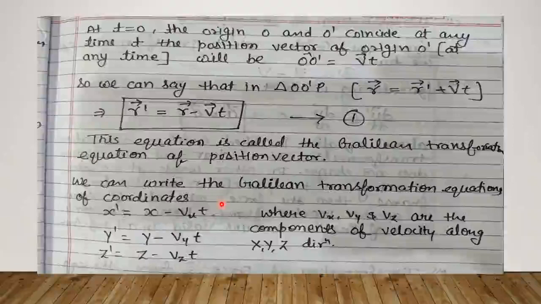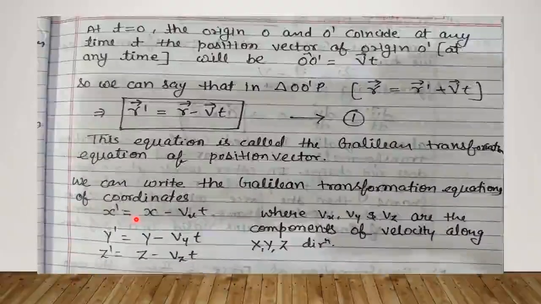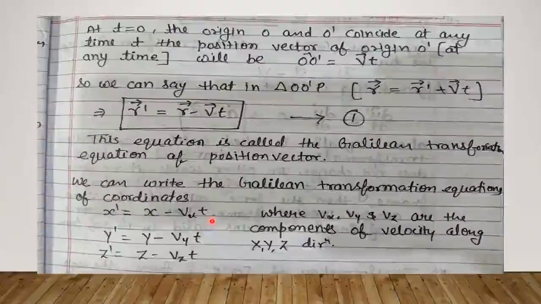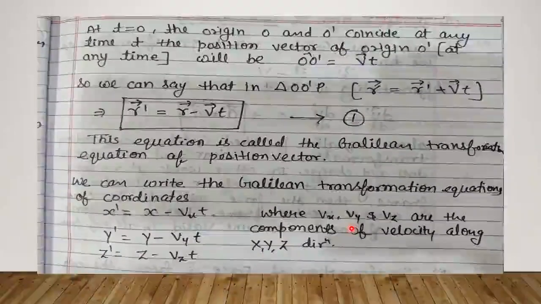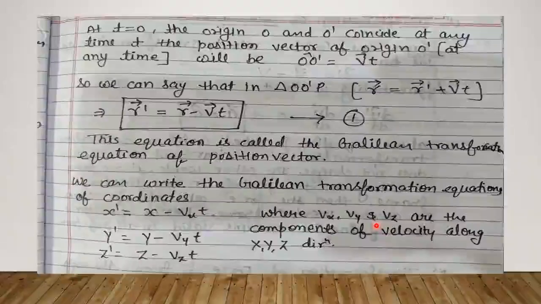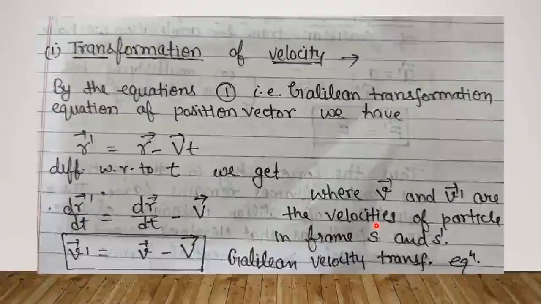Now we can write this Galilean transformation equation in coordinates: x dash equals x minus vx t, y dash equals y minus vy t, and z dash equals z minus vz t, where vx, vy and vz are the components of the velocity along the directions. Now we will take transformation of velocity.